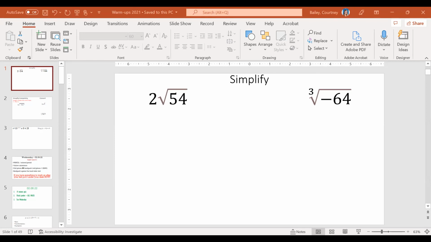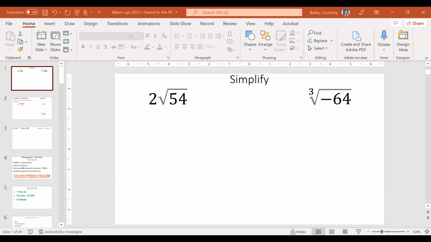Number 1, your index must match. So the index must match. I can't add a square root and a cube root together. Those have different index, okay? So my index must match.